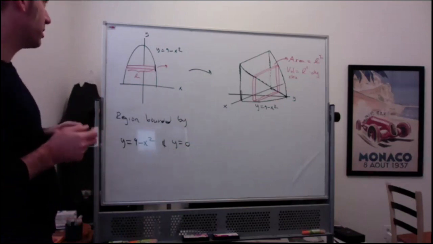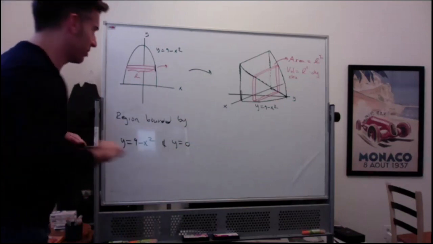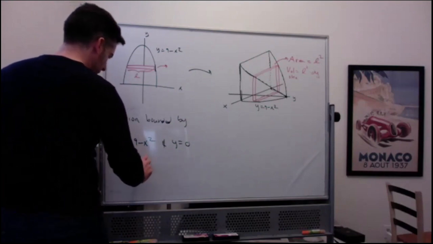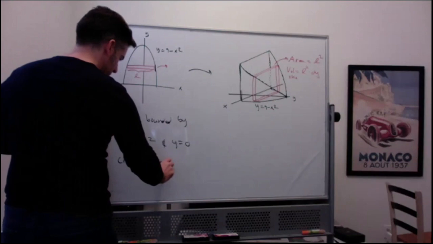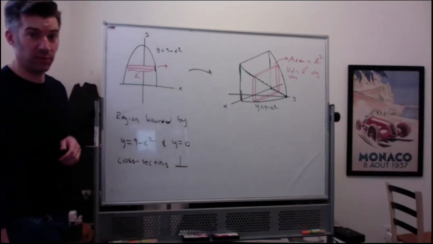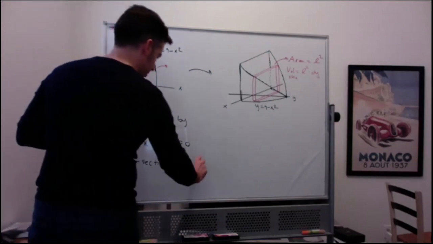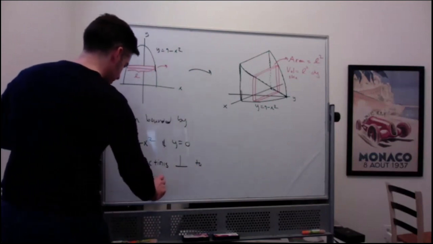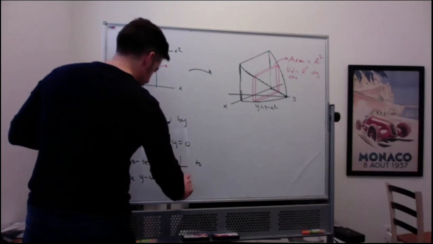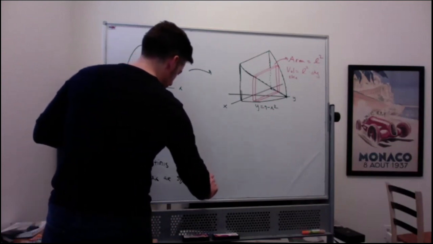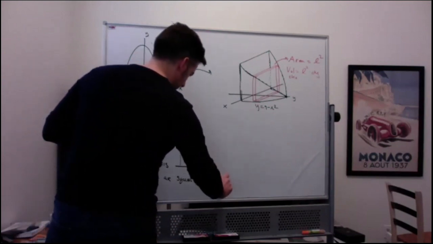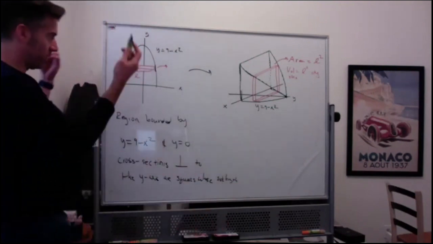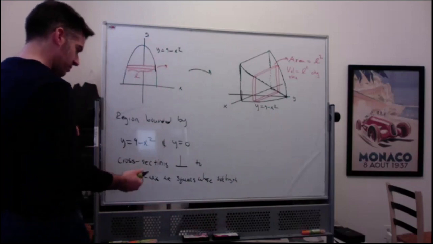Our job is to take cross sections perpendicular to the y-axis that are squares whose side length, well, I should just say our squares.